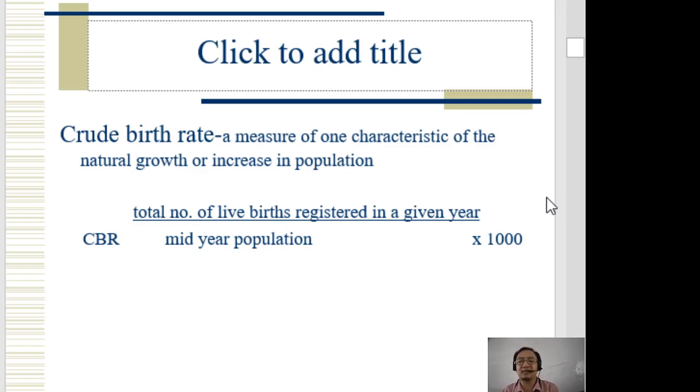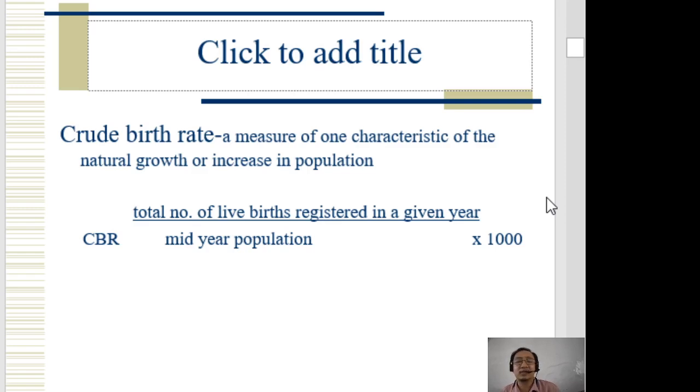Crude birth rate is affected by fertility, how fertile a population is, and the marriage characteristics. Of course, when we talk about birth, it should be by a married couple, especially in our country.